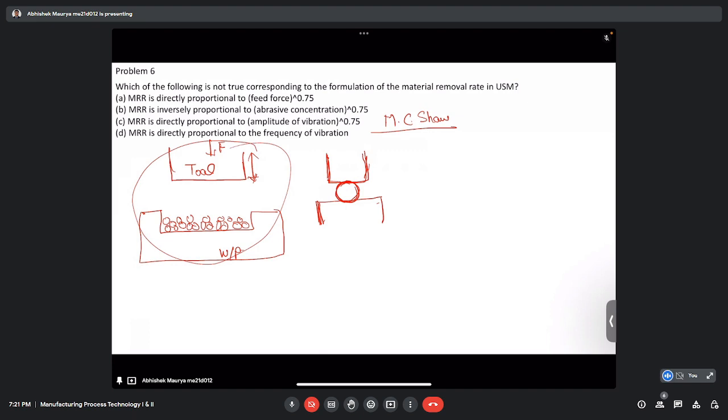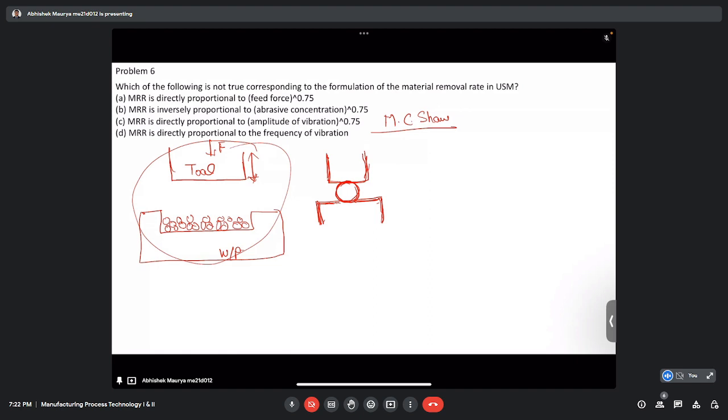But when he did the experiment, he found that his formula was not working, and when he tried experiments with different sizes of abrasives, he found that his formula was not working well.